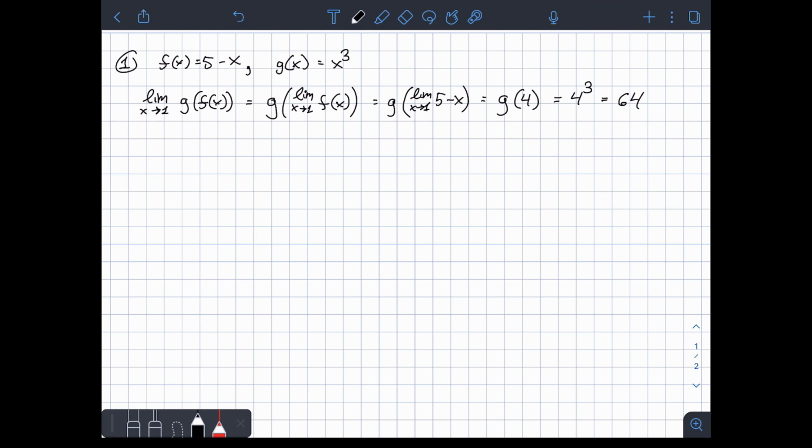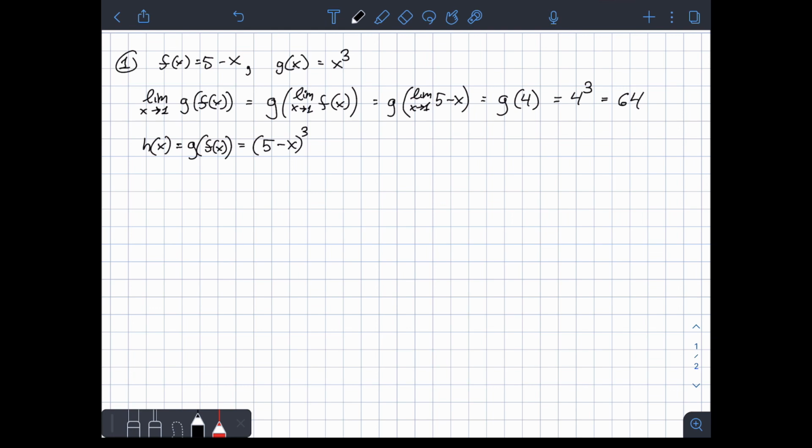Now, one way you can always check these problems is simply by setting this up as a single function. So you can say, let's say h of x is equal to g of f of x is equal to 5 minus x cubed.